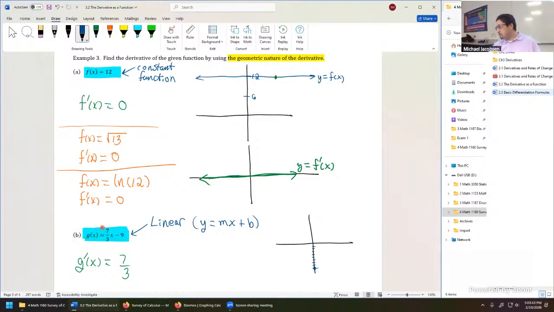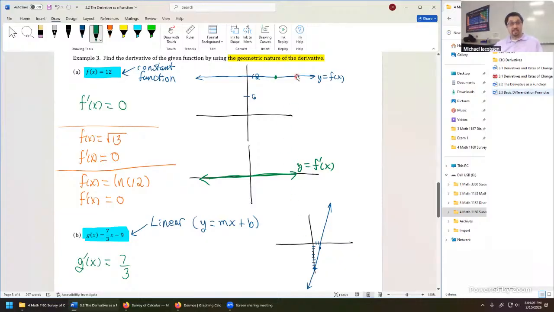So 1, 2, 3, 4, 5, 6, 7. That looks right, down 2, right 3. Okay, so here's my quick sketch using the slope-intercept format of the line. That last piece doesn't look right. Slightly better.